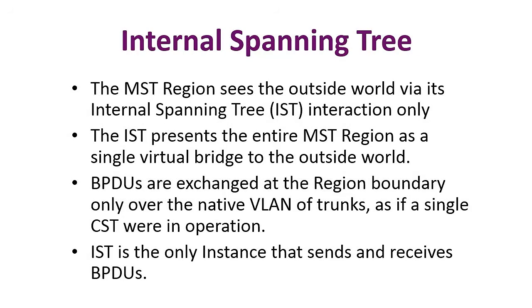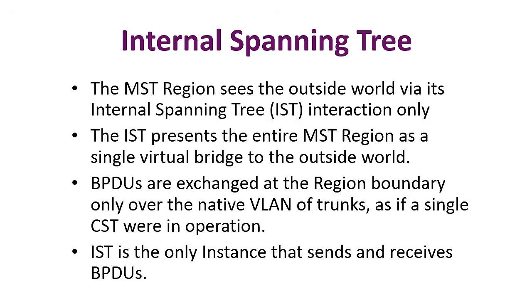The IST presents the entire MST region as a single virtual bridge to the outside world. BPDUs are exchanged at the region boundary only over the native VLAN of trunks, as if a single CST were in operation. IST is the only instance that sends and receives BPDUs.